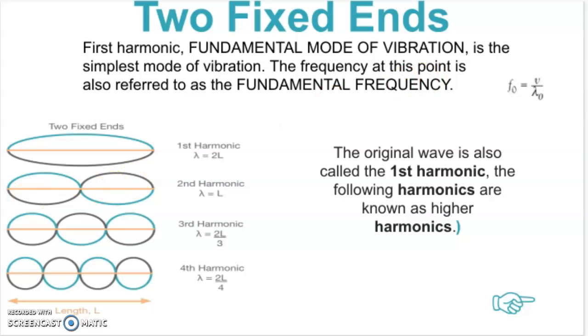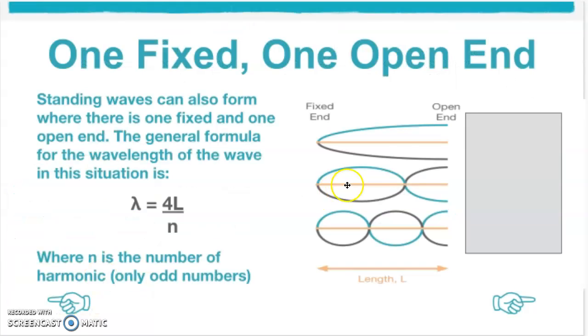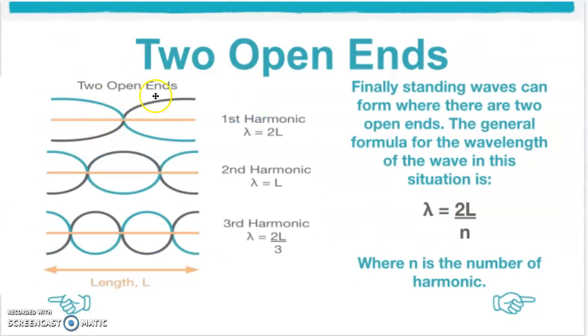In open at one end, this is what your first harmonic looks like, right? And your fundamental frequency will cause this to happen. So it's important that you get your head around what this picture looks like. And then for open at both ends, let's have a look. This is what your fundamental looks like. So these are really, really important diagrams.